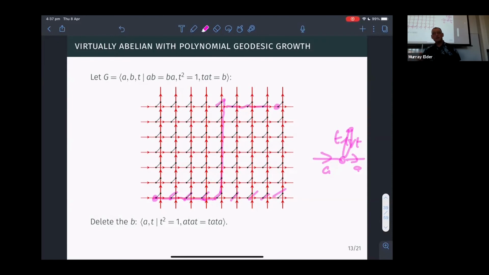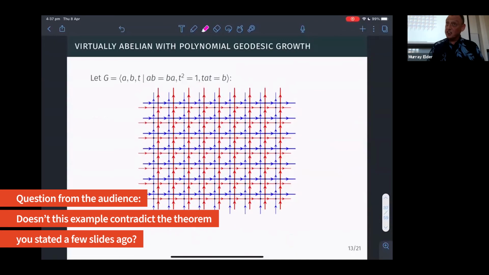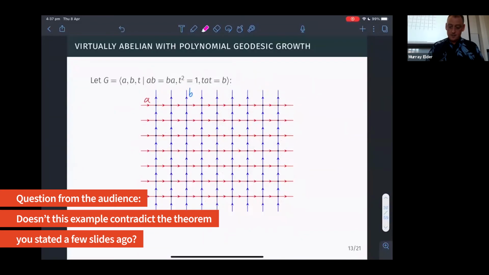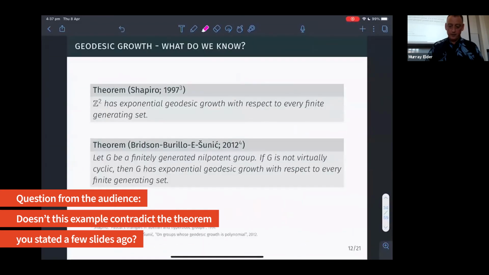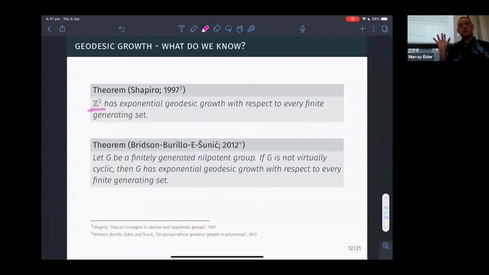Yeah. So this is something that we do. The original group is that, but we're just renaming group elements and things. It's virtually abelian. It's not strictly nilpotent. So the previous result, if I have an actual Z squared, then it has to be exponential.